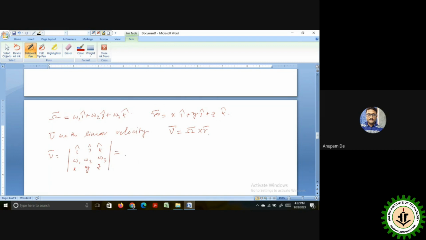Now at this point we are finding the linear velocity, and this will have the expression: i into (w2 z minus w3 y) plus j into (w3 x minus w1 z) plus k into (w1 y minus w2 x).